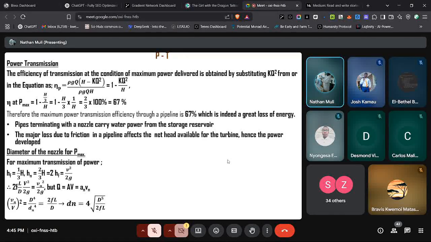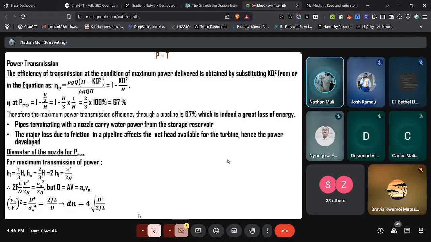Otherwise, looking at the major loss due to friction in the pipeline, this is likely to affect the net head available for the turbine. Otherwise, what power is developed when we have fitted a nozzle is to try to see what happens with the power maximum when we are transmitting through a nozzle. And this is how we work it out.